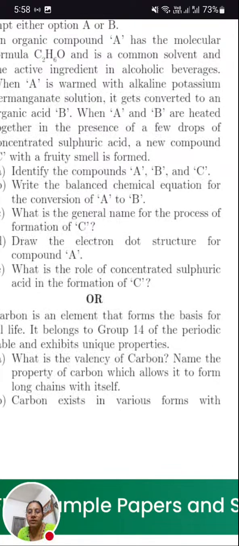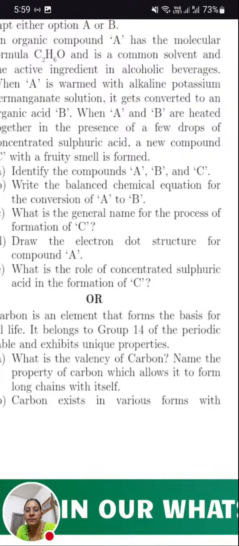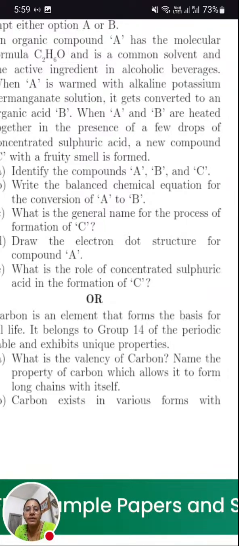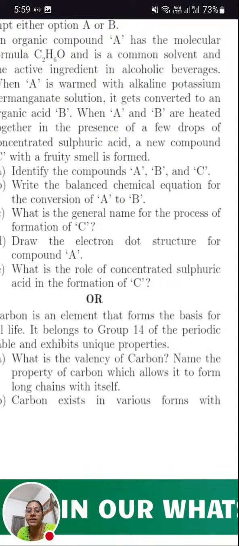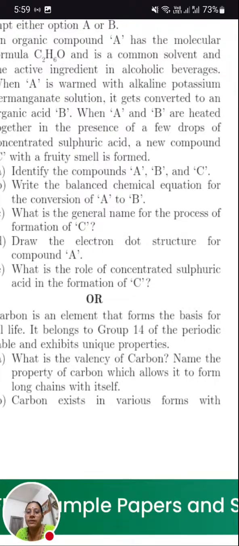The second is tetravalency; because it is tetravalent, it can combine with many other compounds. Next is small size. So why does carbon have a unique nature? Three points you need to write: tetravalency, small size, and catenation. The property which allows it to form long chains is catenation.